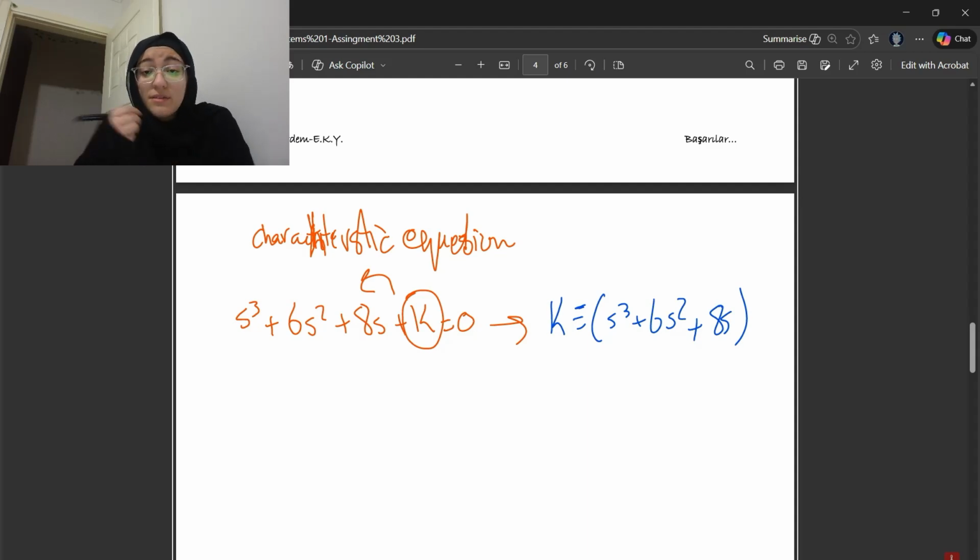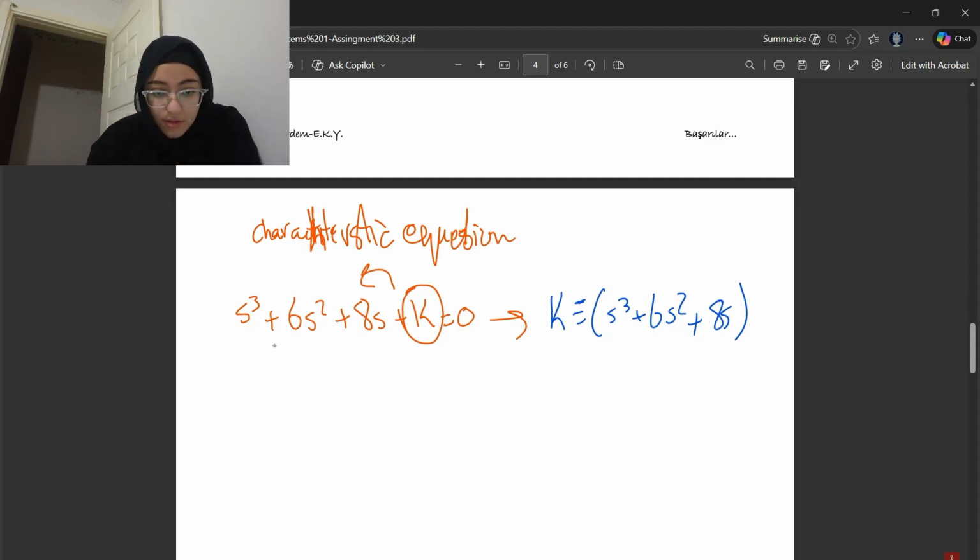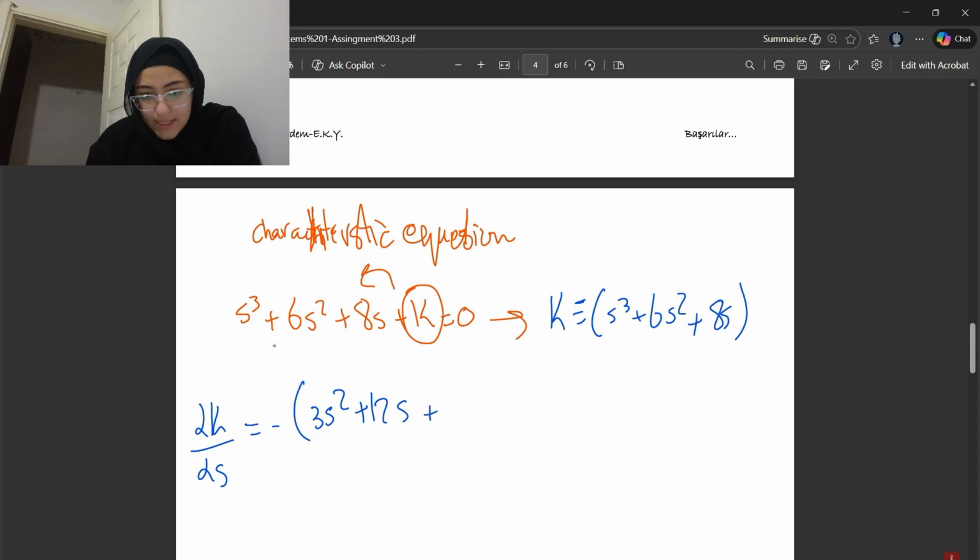Now we will take the derivative of k. The derivative is dk over ds equals minus 3s squared plus 12s plus 8. We will drop the minus and analyze this.